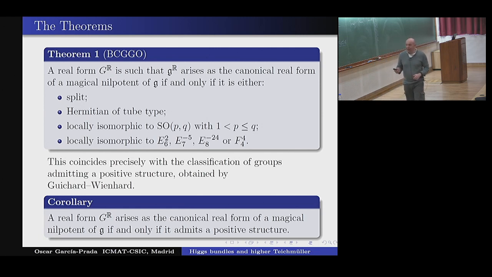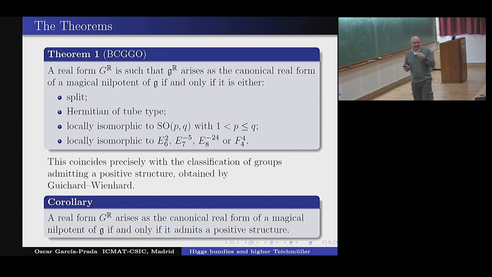Another example is SO(p,q). If you have SO(p,p) or SO(p,p+1), it can be split. So it admits a positive structure of a magical nilpotent as a split group, and the Borel is the parabolic. But it also admits one as a Hermitian group when p is 2.